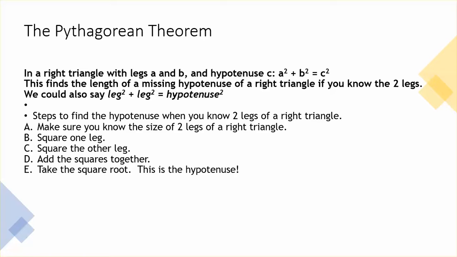So before we do the Pythagorean theorem, we're going to make sure it's a right triangle. And for these steps, we know two legs. We're going to square one leg. Remember, squaring means multiplying by itself. We're going to square the other leg, add them together, and take the square root.